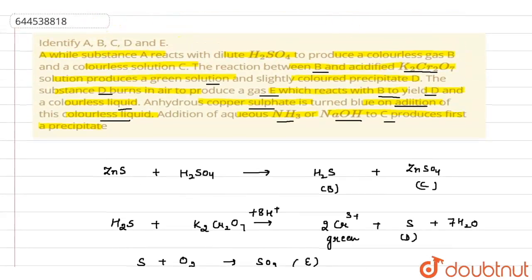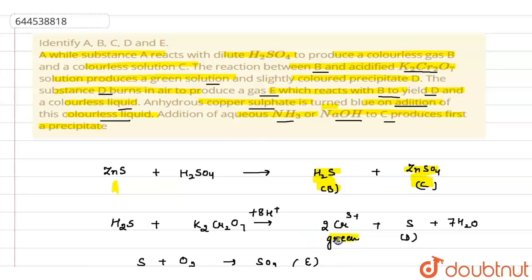In this reaction, what happened? First, there was compound A, which reacts with dilute H2SO4 to produce hydrogen sulfide, a colorless gas, and a colorless solution. Then the reaction between B and acidified potassium dichromate takes place, and a green solution is produced.